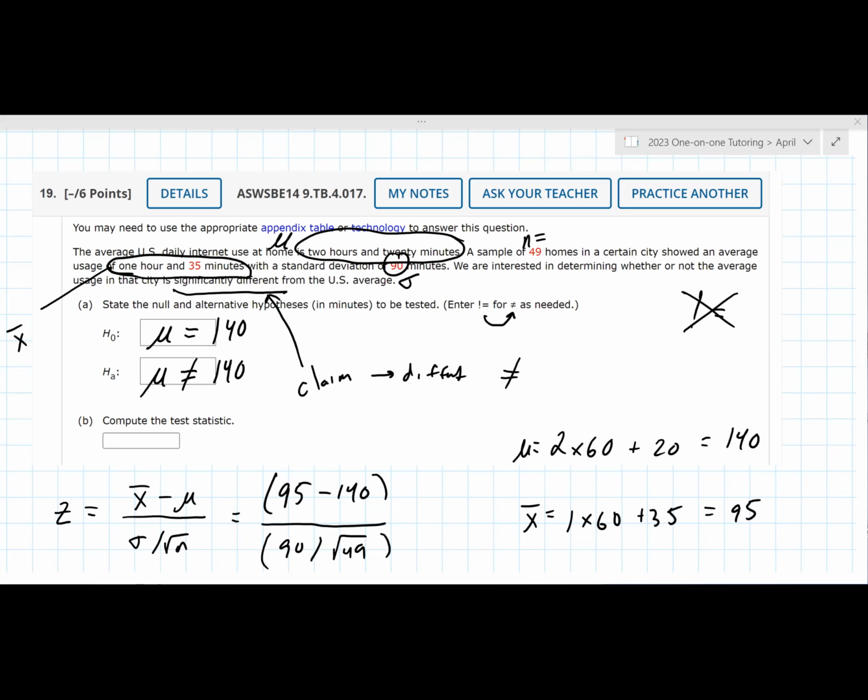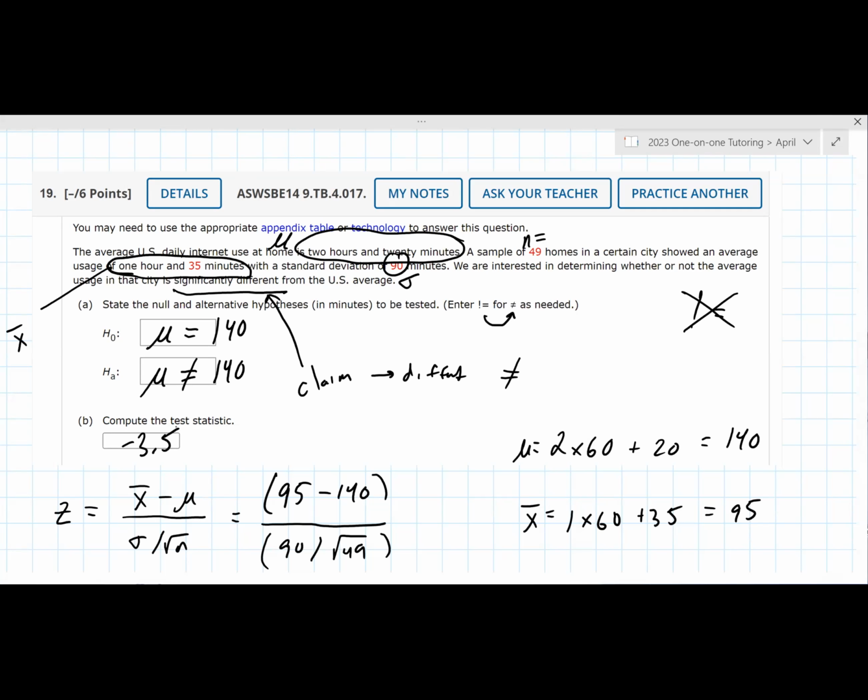Negative 3.5. Yes. All right, so that's the first part.